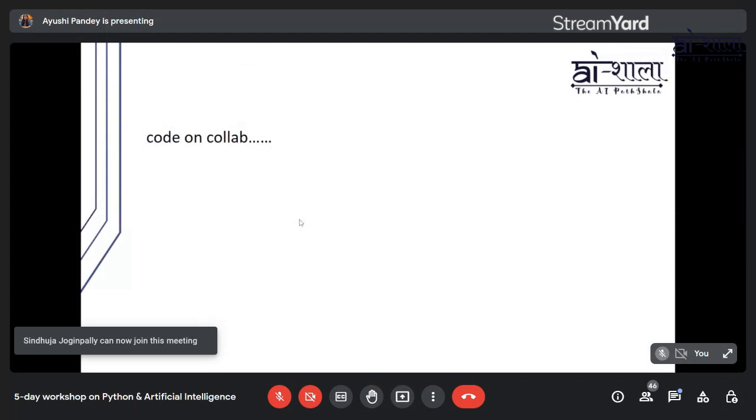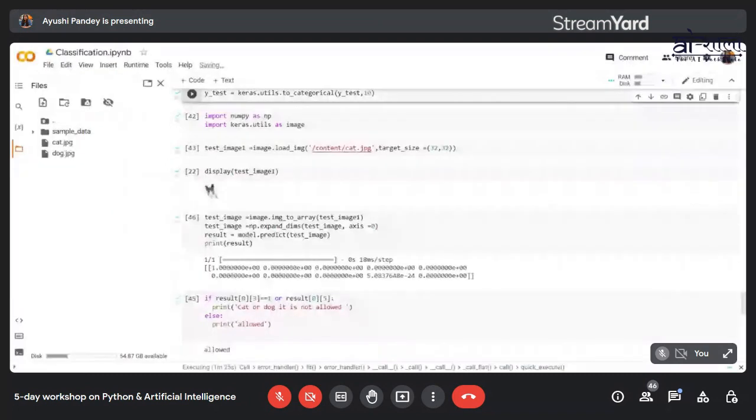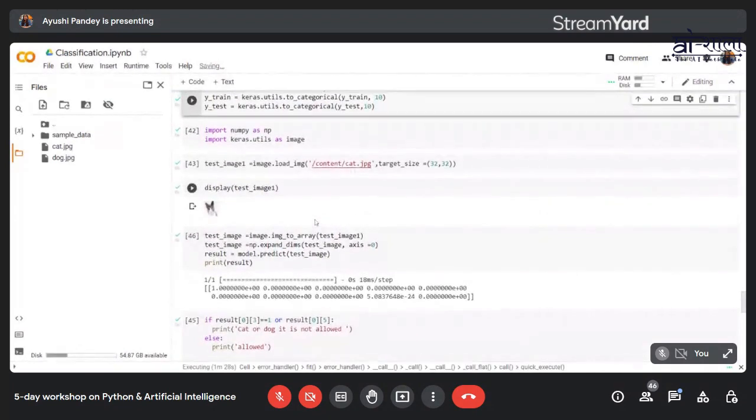So I'm coming back to it. After the model has been trained, we will give it an input image, and the output will be according to that, like whether the animal is allowed or not allowed. Here the model is being trained.